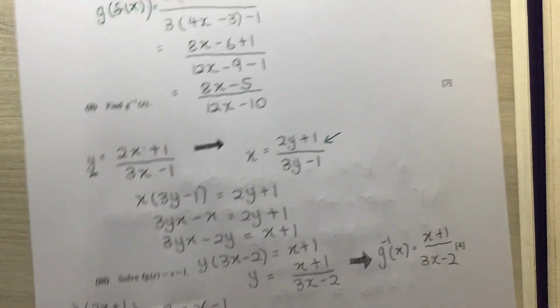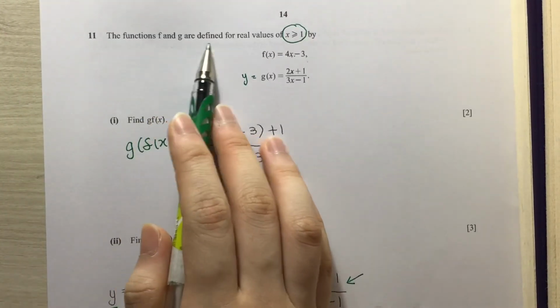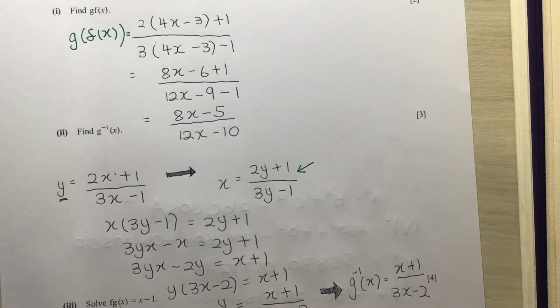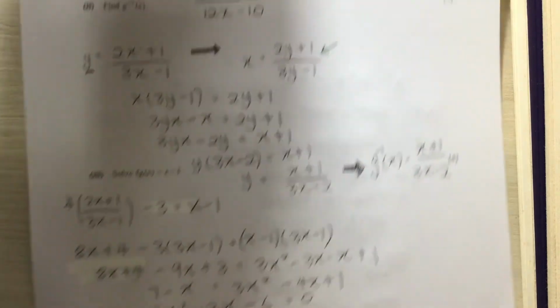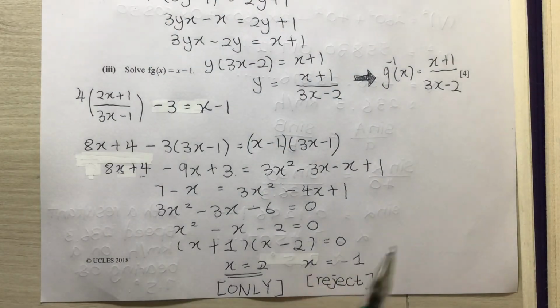However, we have to be careful that here it says functions f and g are only defined for real values when x is greater than 1. So in other words, one of the answers over here cannot be accepted, and you have to clearly state it to tell the examiners that you have recognized it and that you have identified which answers are accepted.